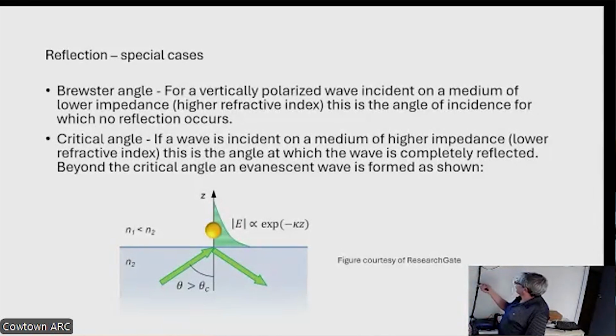But another interesting thing that happens is if the wave exceeds the critical angle, there's this additional component that forms on top called an evanescent wave. And that's caused in order to force the boundary conditions in terms of the tangential electric field component that I described earlier. But that wave decays as you move away from the boundary, but it's not propagating.